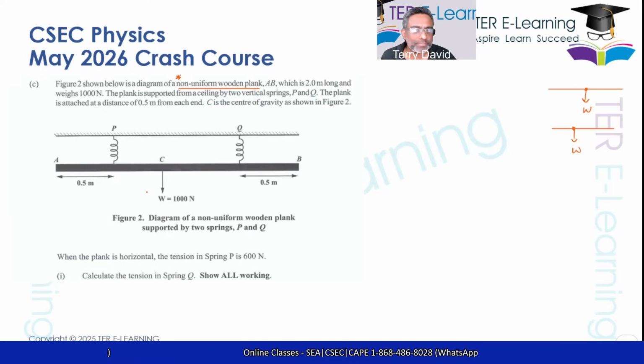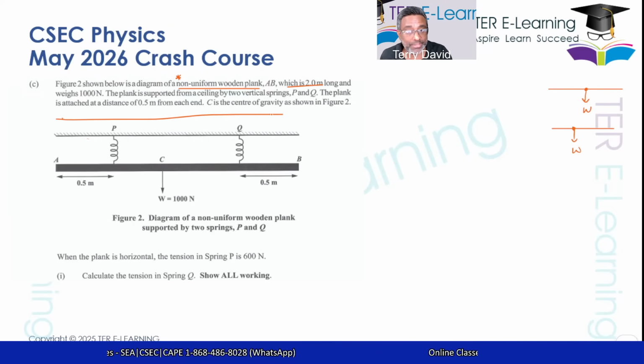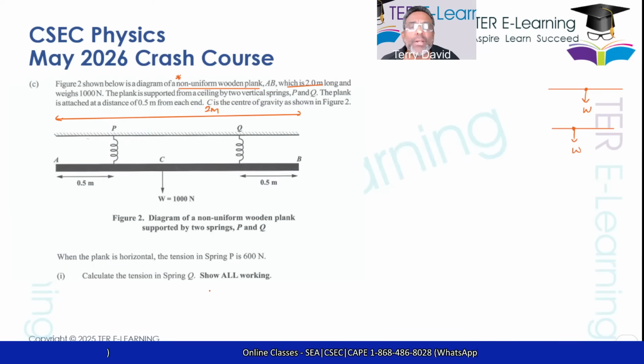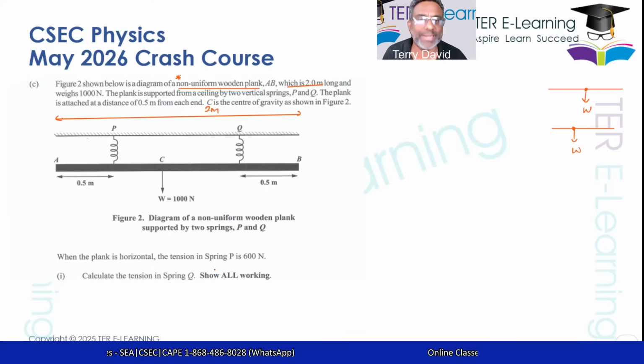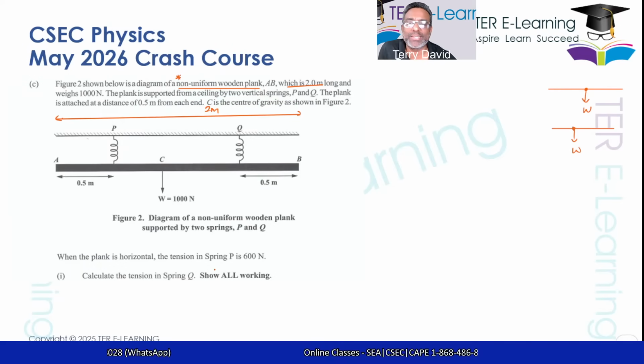It means something. Now they tell us that we have a wooden plank here and the length is 2 meters, so this whole thing from here to here is 2 meters. When they're telling you stuff, try to write it on the diagram one time in the question. Now, they tell us the weight of the plank is 1,000 newtons, and the plank is supported from a ceiling by 2 vertical springs P and Q, attached at a distance of 0.5 meters from each end, and the center of gravity is shown in figure 2.